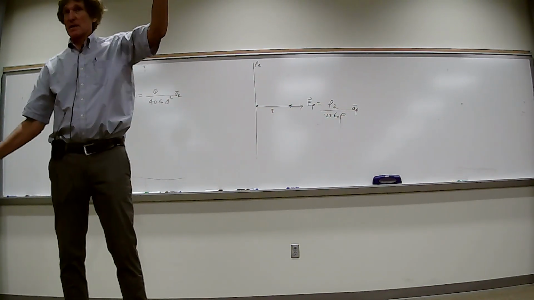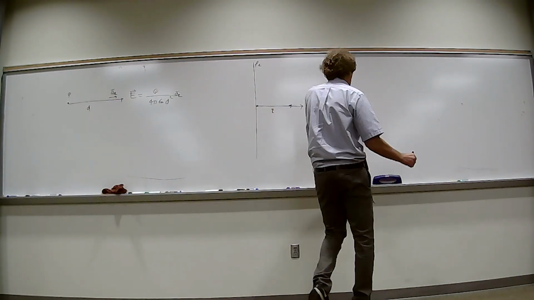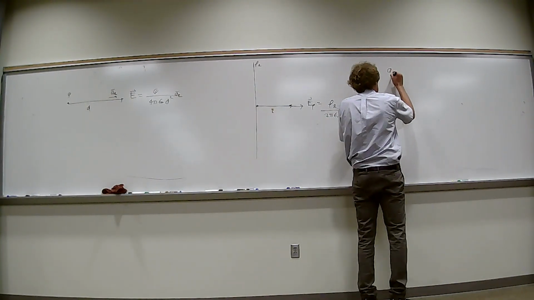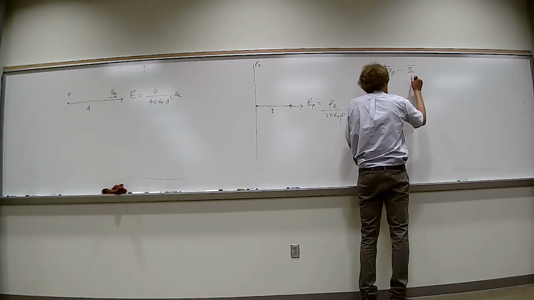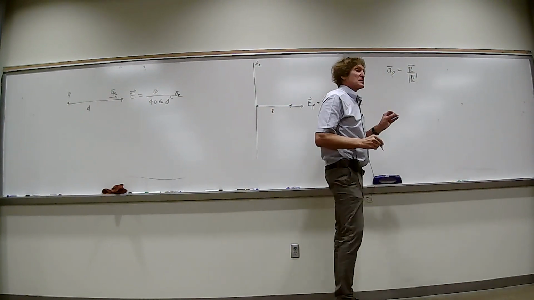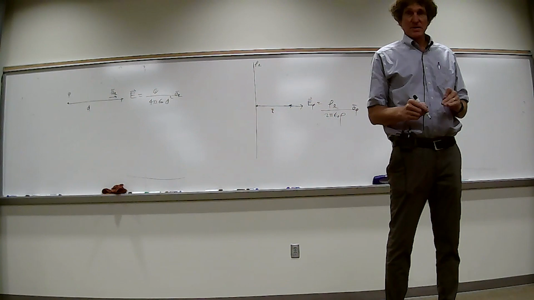How many understand that, how to get a vector r? So here, A rho would be equal to r vector over r vector magnitude. The reason I'm doing that is because it's very important for you to be able to do this.